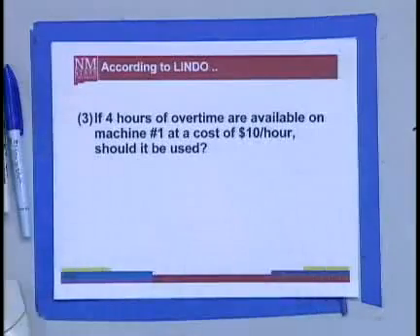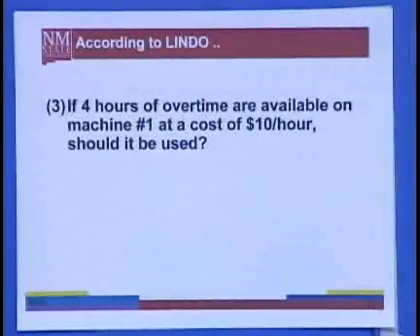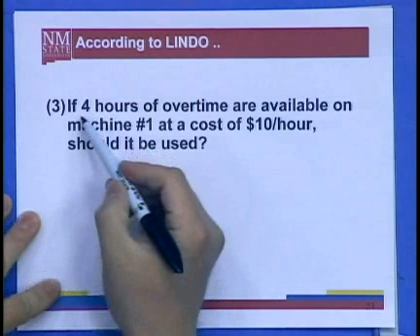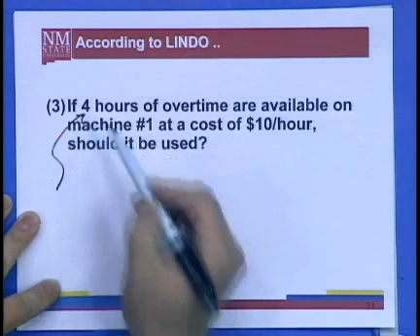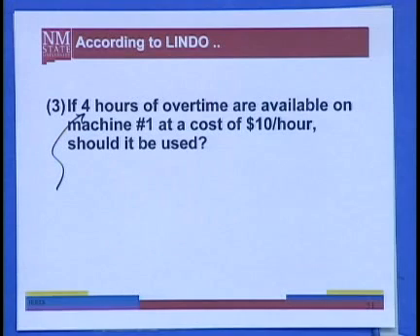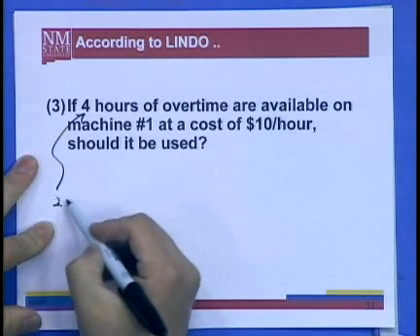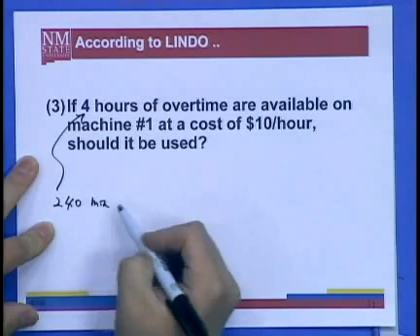Then how do you answer question number 3? If 4 hours of overtime are available on machine number 1, at a cost of $10 per hour, should it be used? First of all, we've used minutes instead of hours in our equation. So 4 hours means 240 minutes.